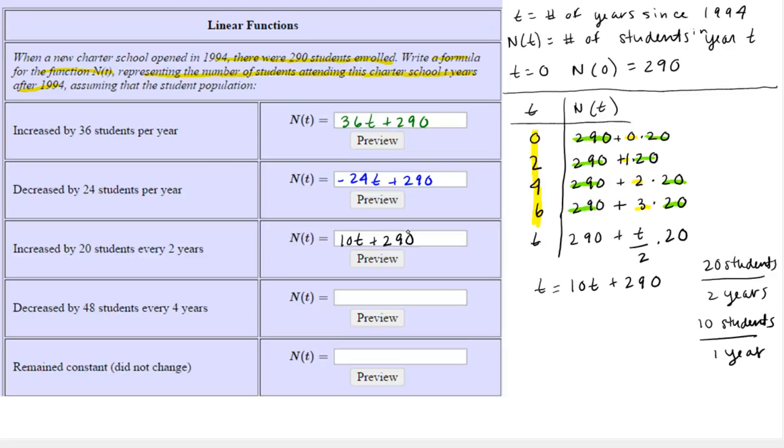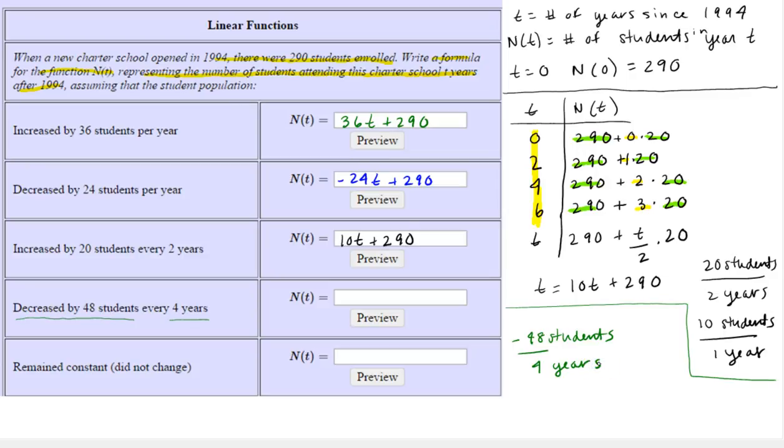Now let's look at the next one. So here we have decreased by 48 students every 4 years. So let's think about what this means. So this is minus 48 students every 4 years.